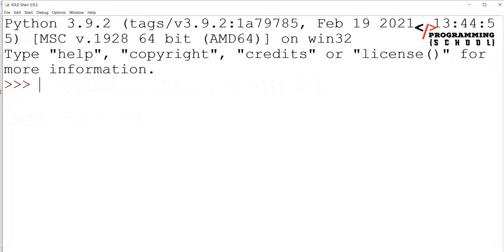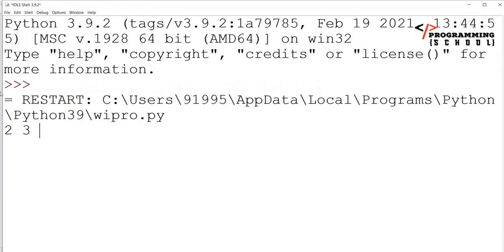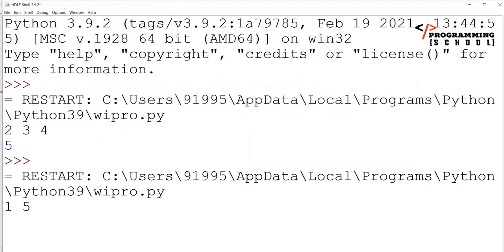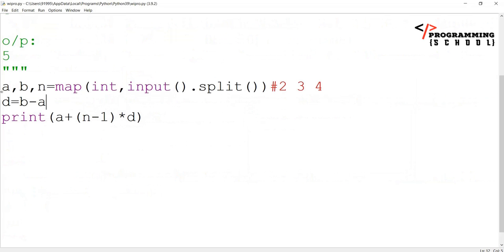If I execute 2, 3 and 4, the fourth term is going to be 5. If I execute 1, 5 and 4, that is going to be 13. In this way we can also find it using this formula.